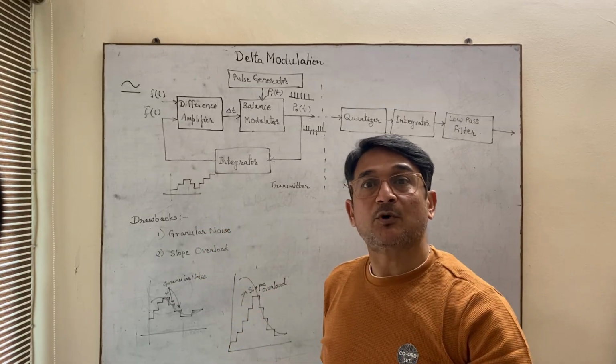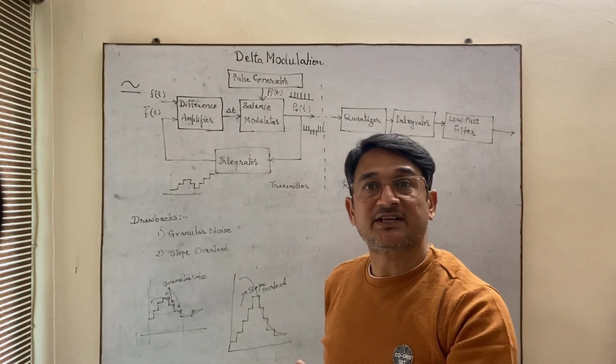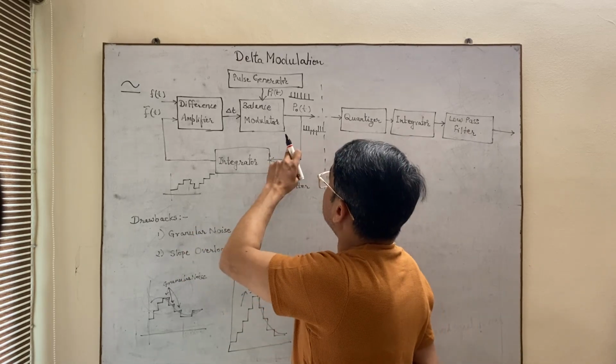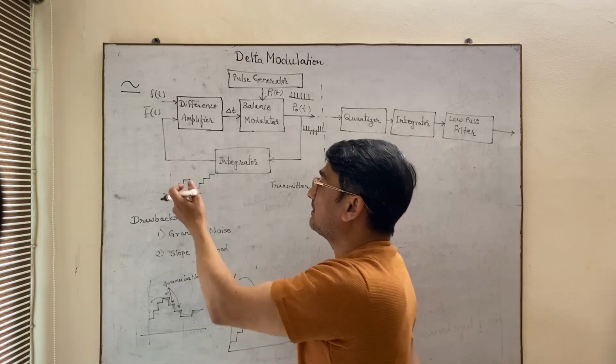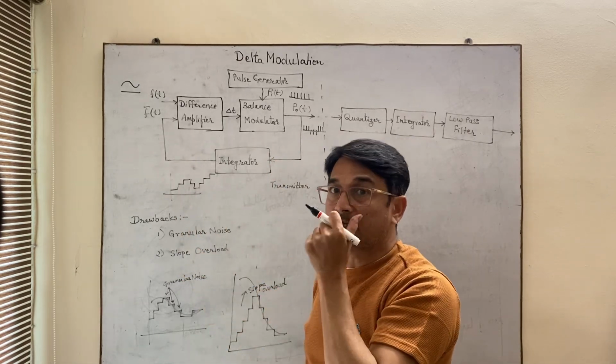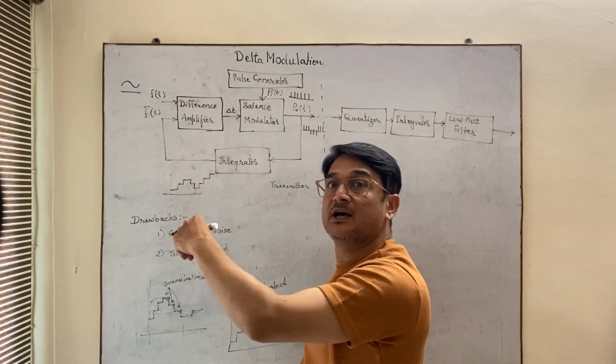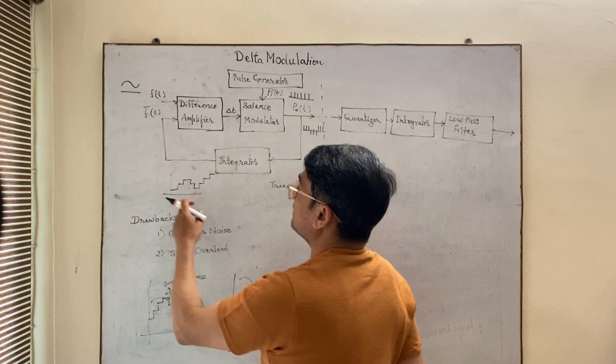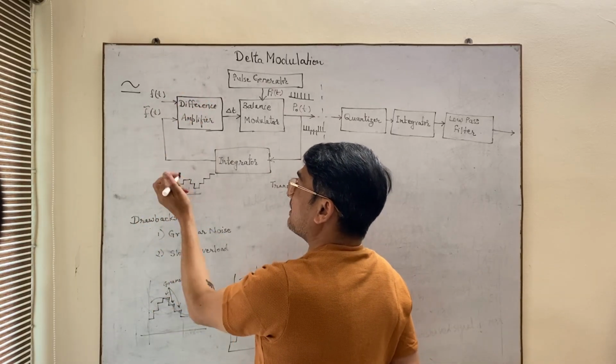If it receives a positive pulse, it will give a positive step, or upward step, and if it is receiving a negative pulse, then it will go in the downward direction. That means downward steps or negative steps. This signal is given to the difference amplifier.